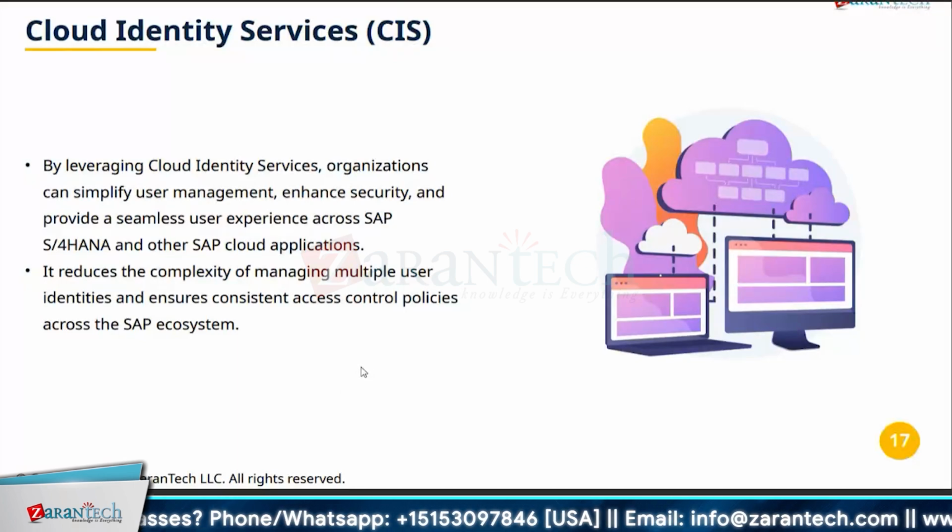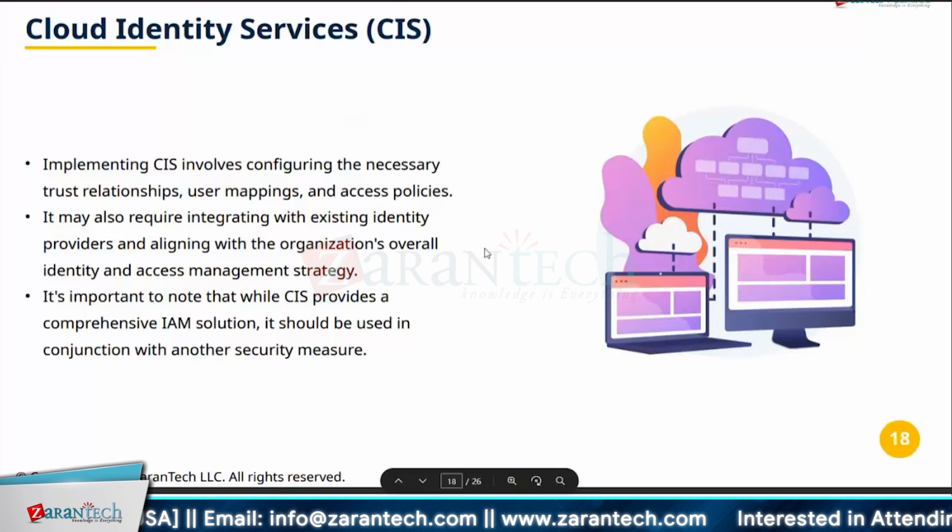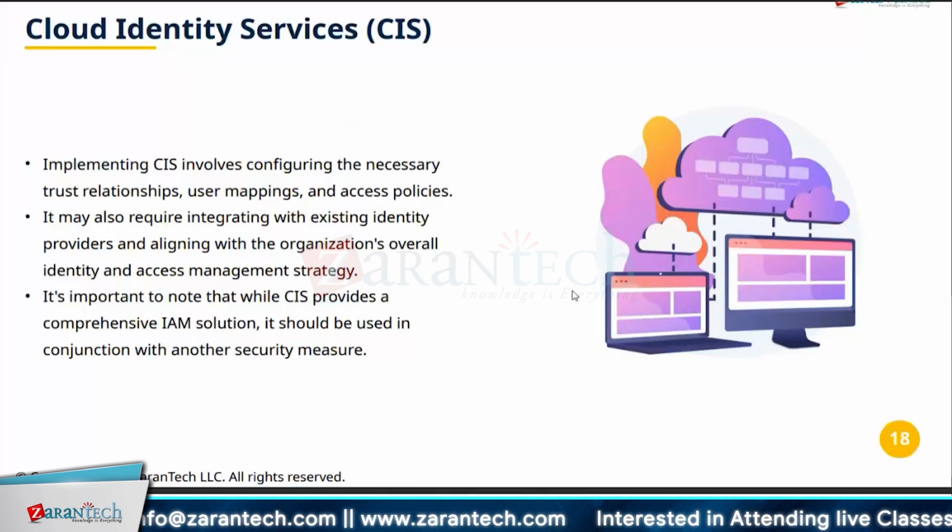Because if any of the things goes wrong, then definitely either the user won't be able to access, or he'll be able to access some things which he is not authorized to use. So yeah, these are some of the things. I think we have already talked about the trust relationships, user mappings. So I think we'll move on.